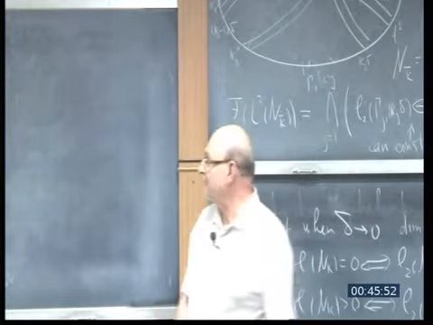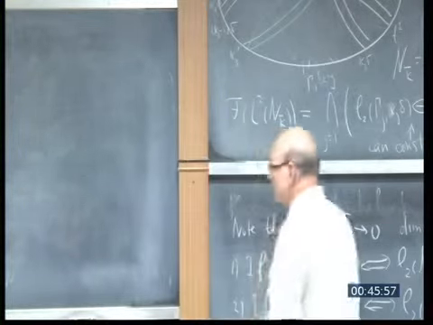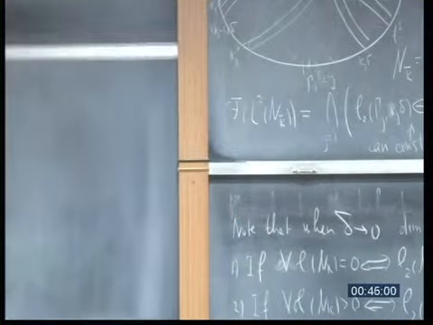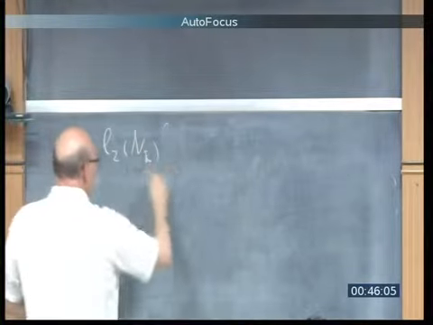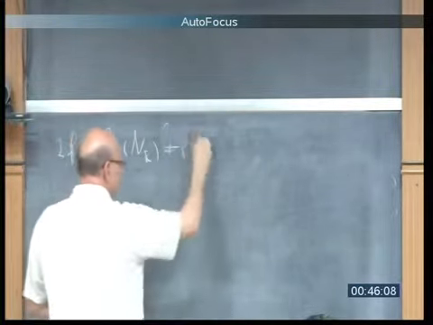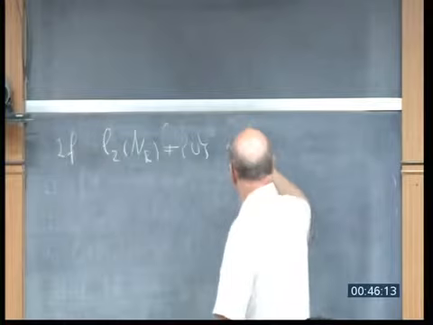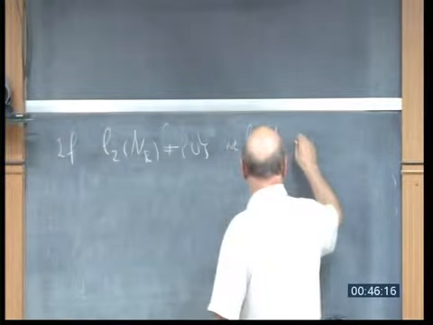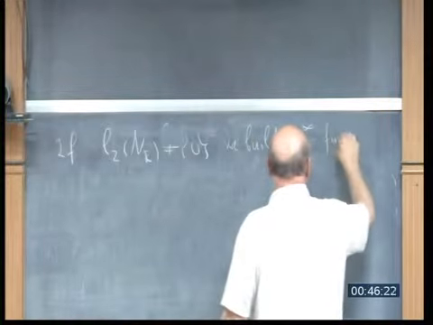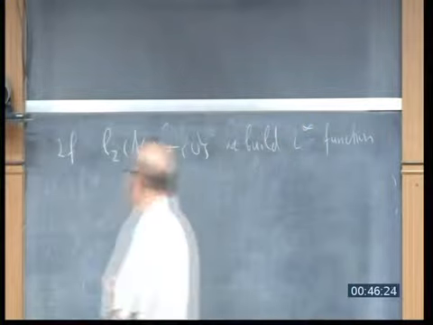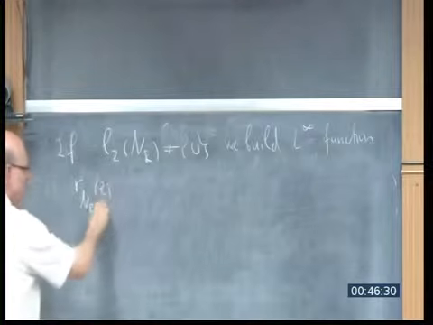So then you do the following trick. Basically, you throw away everything that is 0. And to each K such that L2 and K is not equal to 0, we build an L infinity function R and K of Z. Remember, Z belongs to the boundary.